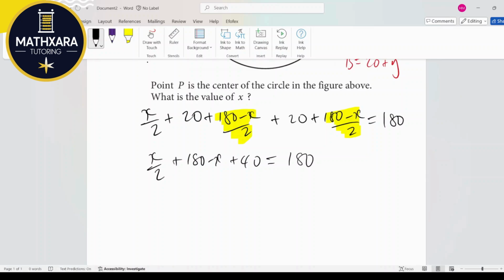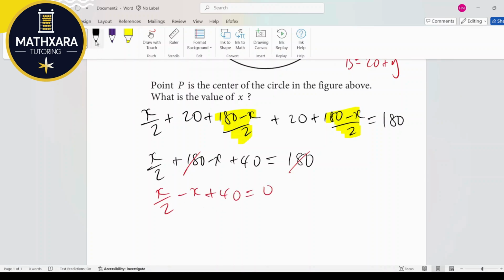Now, we have a 180 that's on both sides. We could cancel those out. So we're left with x over 2, plus, well, we have a minus x as well, plus 40, and that's equal to 0.